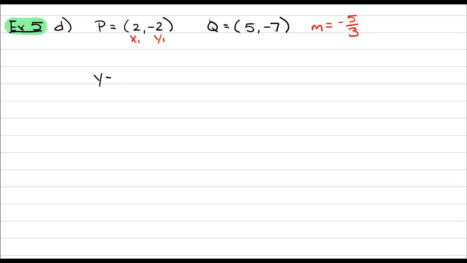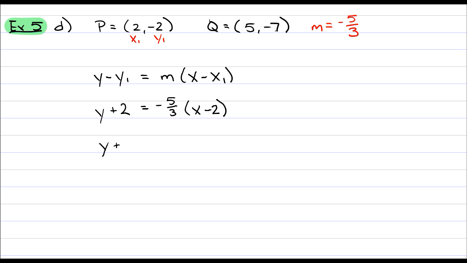Just to remind ourselves, the equation for point-slope form is y minus y1 equals m times x minus x1. So when I plug in values, I'm going to have y minus negative 2, so that's y plus 2, equals, the slope is minus 5 over 3 times x minus 2.